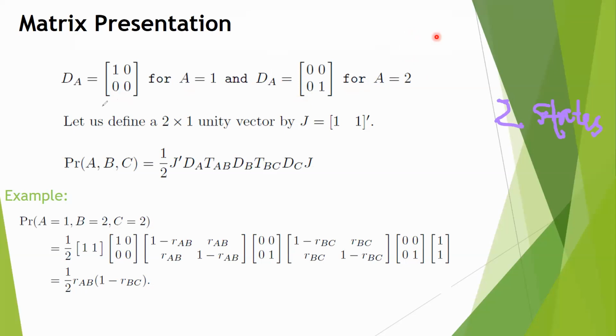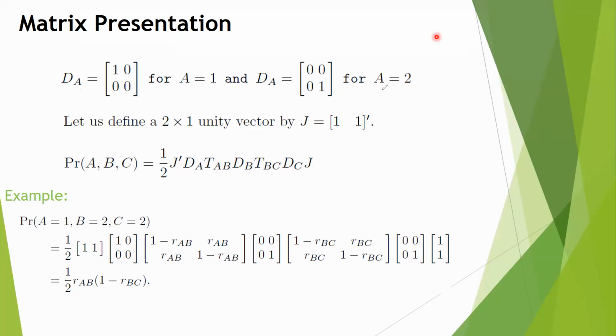For each locus, A or B or C, we can use a 2x2 matrix to represent different genotypes. For example, if this is for the locus A, we use this matrix to represent the first genotype, which means A equals 1, the first state. So this 1 will take this diagonal element here.